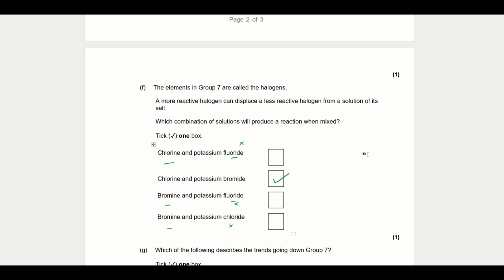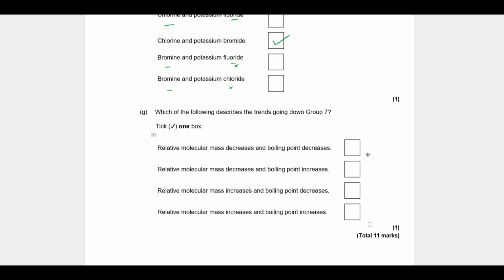And then the next one, this is all in the revision guides. Candidates should know the trends going down group 7. As we go down a group, the relative molecular mass is going to increase, so the molecule gets bigger in mass. That's obvious from the periodic table if you look, but what's not obvious is the boiling point increases as well.